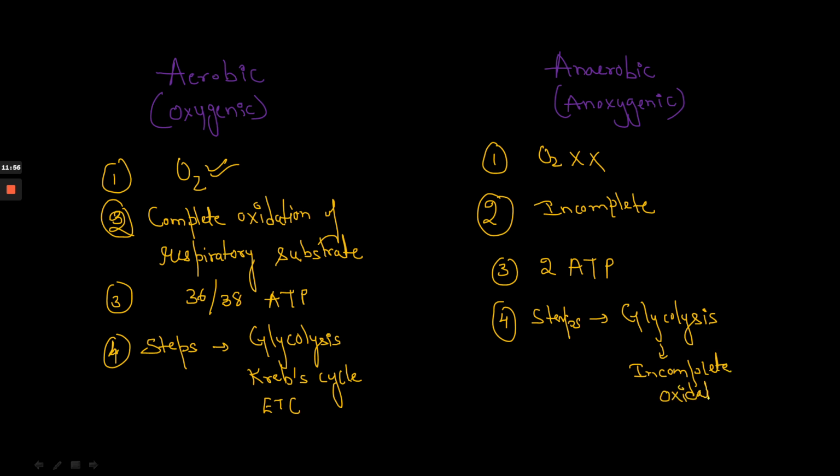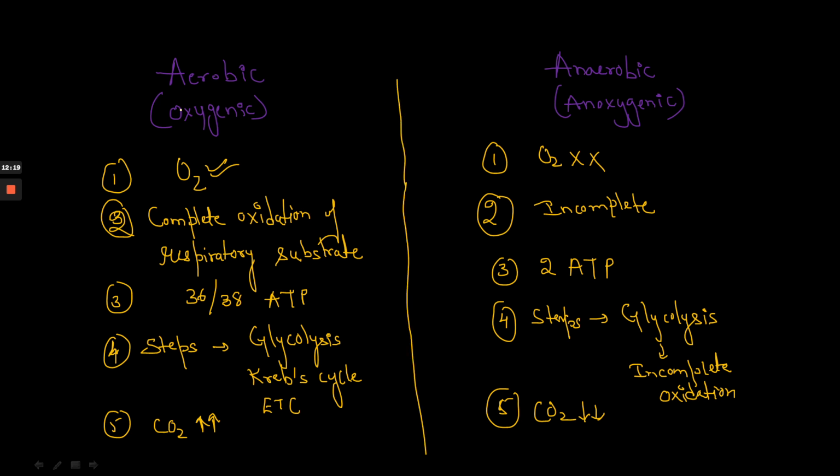So there is no Krebs cycle or electron transport chain. Also, the carbon dioxide released here will be more, and here it will be much less. So these are the basic differences between aerobic and anaerobic respiration.